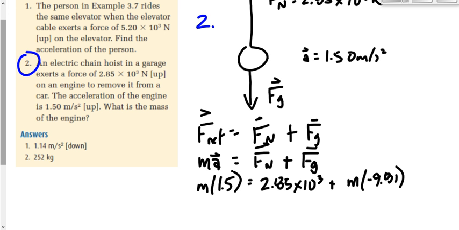I got to put a negative in for that term. I don't care whether you put that negative in front of the 9.81 or in front of the m. It doesn't matter. That term is negative. Does that make sense? Wherever that negative is, as long as it's in that term, it's fine. I put it in front of the 9.81 first. I could easily do this.